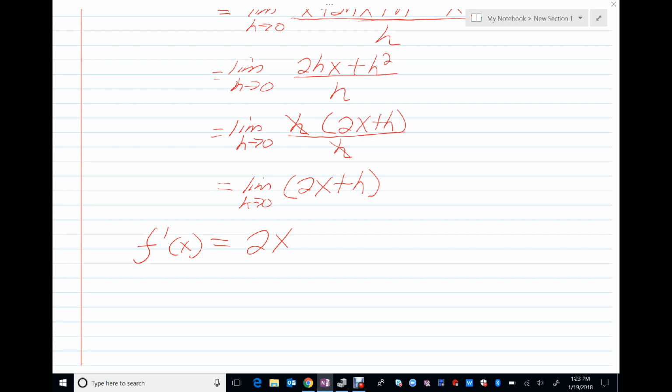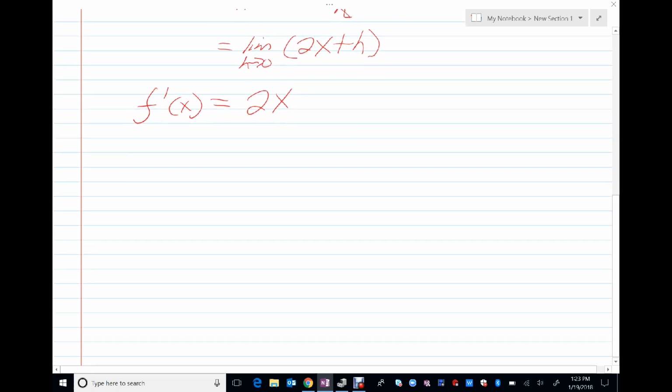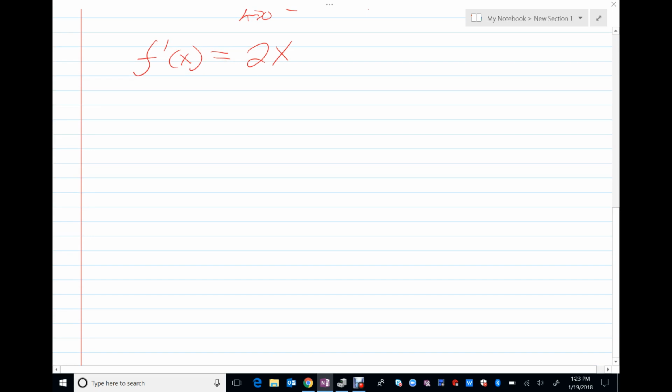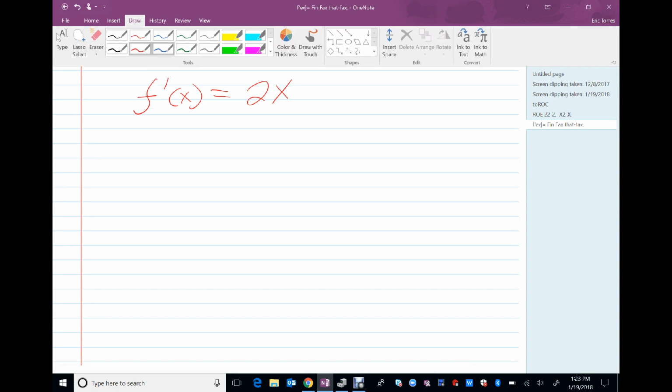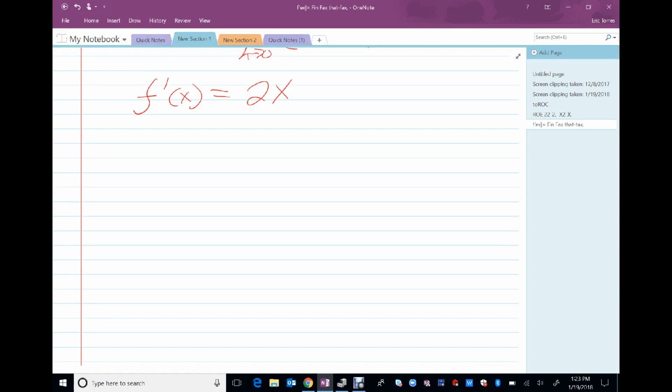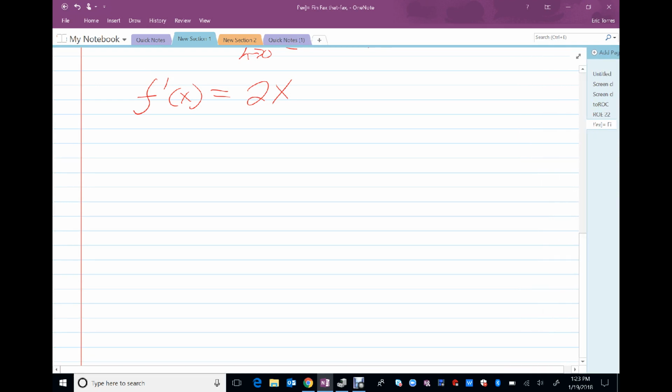So I'm going to take a look at the graph of my original function. Let me color code this. Let me just slide this over. Okay, so the original function, and I'm going to make a quick graph.